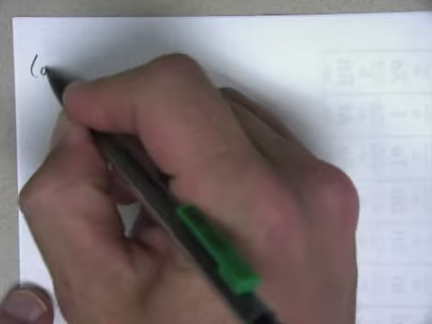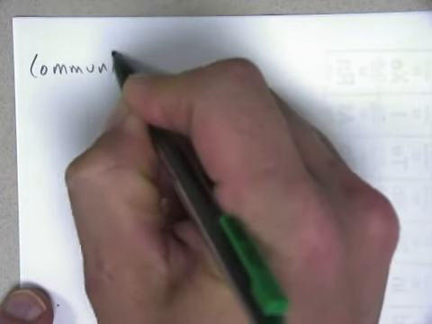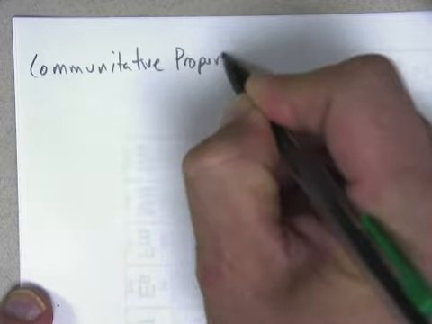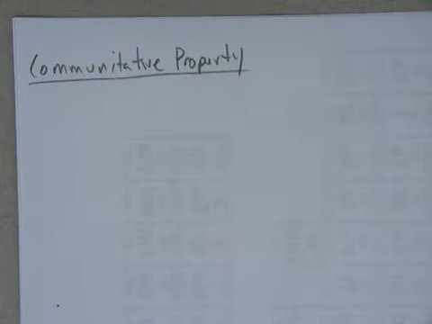All right, here's properties of real numbers. The first property that we're going to take a look at is something called the commutative property. I got that one spelled wrong there, so how about I get it spelled right first?